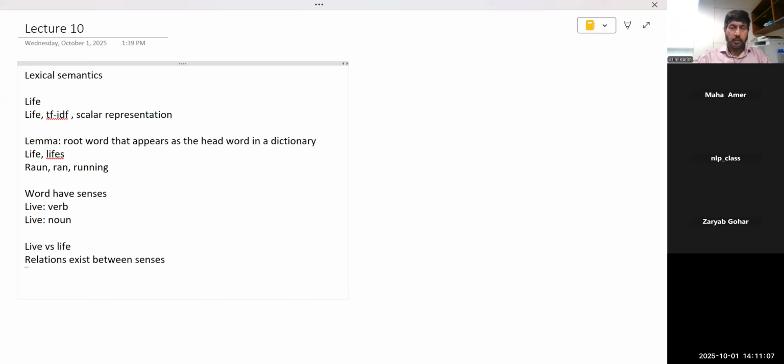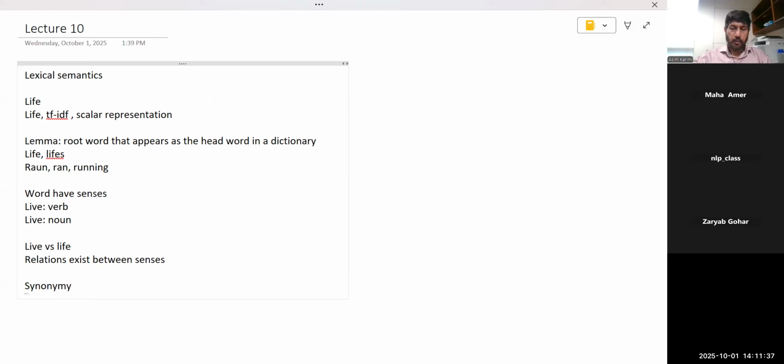So can anyone tell me a very common relationship between words? You must have studied this in your English classes right from, let's say, school time. So synonymy, for example.